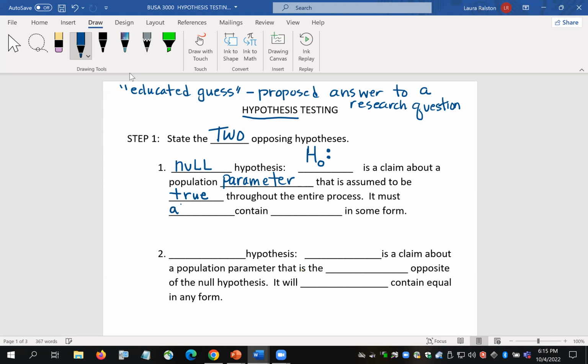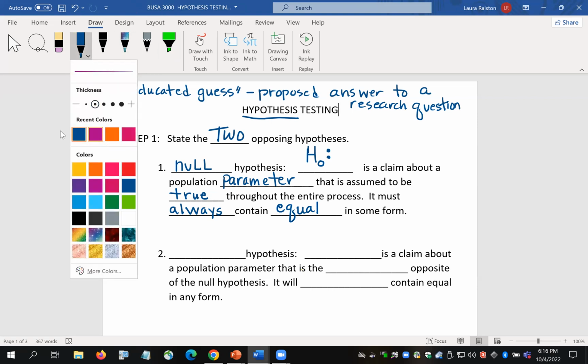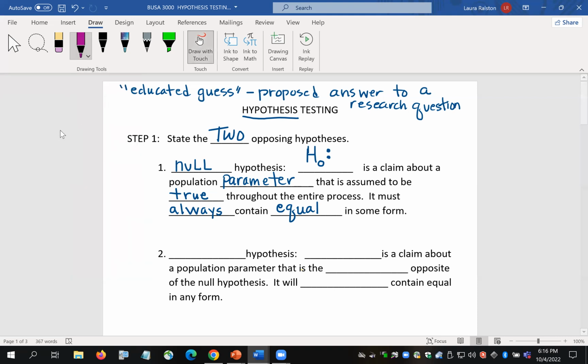It must always contain equal in some form. Now, a couple of side notes. It says a claim about a population parameter. For our purposes, we are only going to be focusing on either the mean or a proportion. There are also hypothesis tests that can be performed on things like standard deviation or variance.